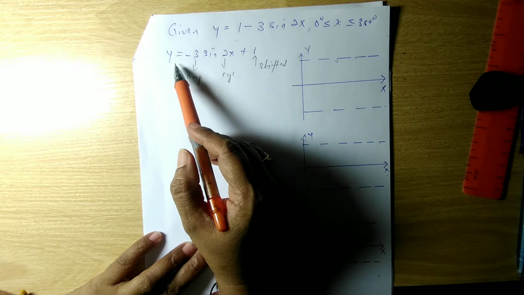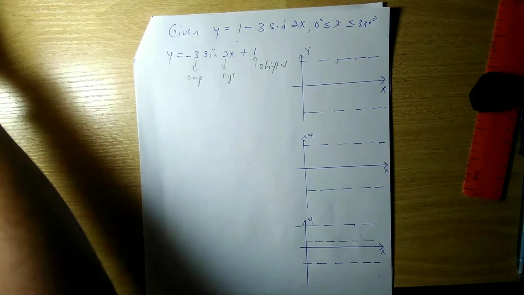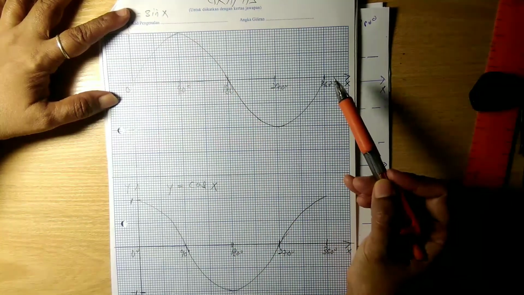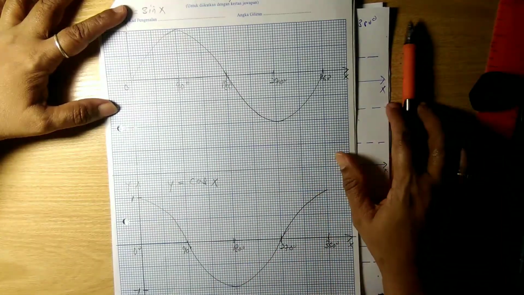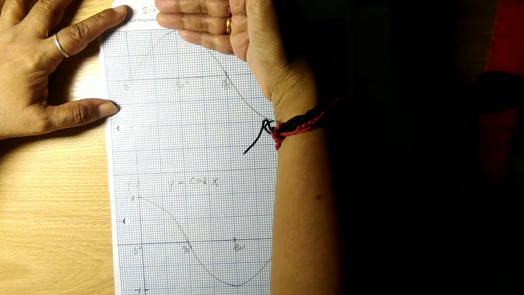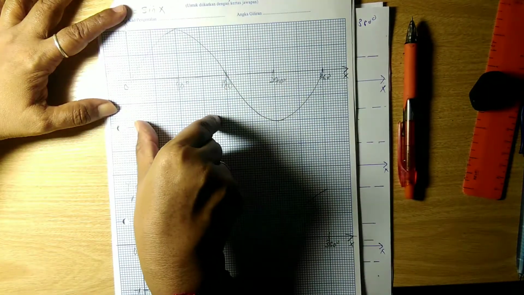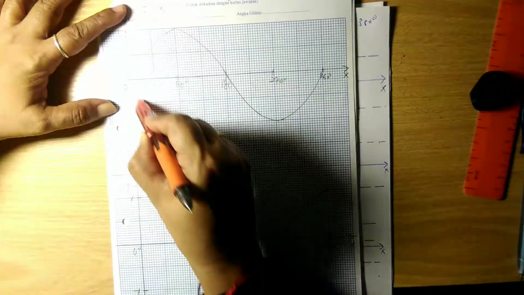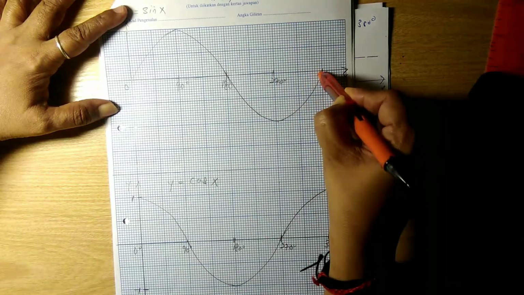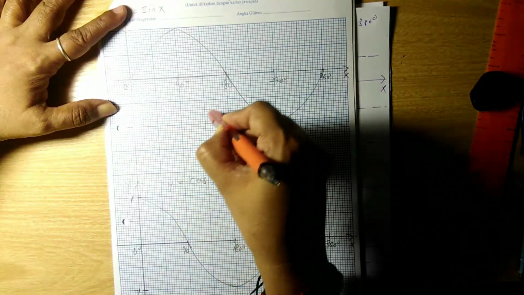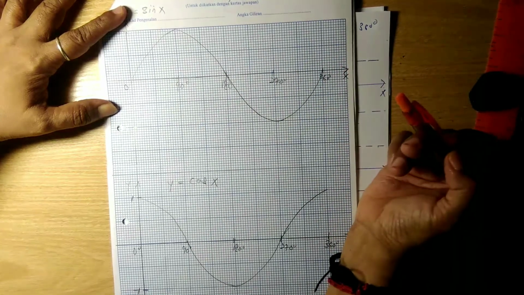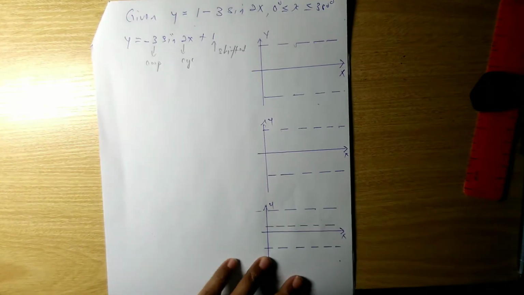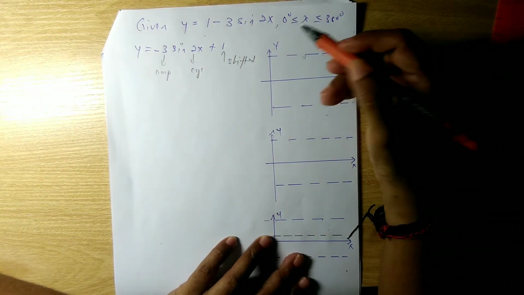You've seen how a normal sine looks. When we talk about a negative, the graph is inversed, so the part that was going up now goes down. It starts here, then goes below, and then moves up. So that's how a basic negative sine graph will look.